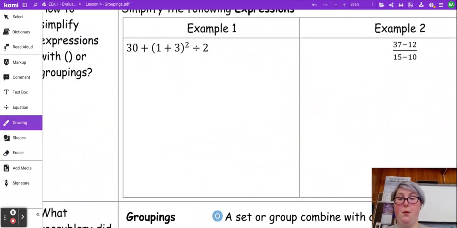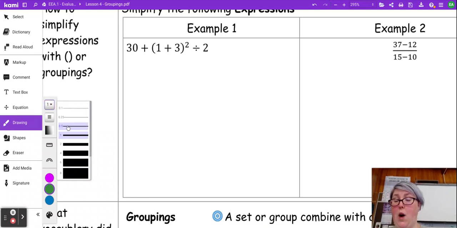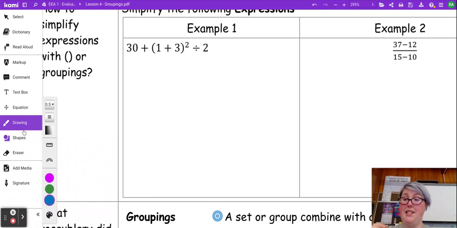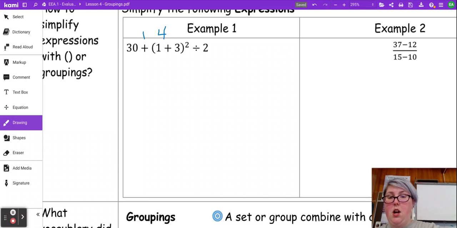So we have example 1: 30 plus parentheses 1 plus 3 squared divided by 2. There's a lot going on. This is why, folks, I've been saying write your level, because now we have so many things happening. We know addition is a level 1, our parentheses are a level 4, our exponent is a level 3, our addition is a level 1, and division is a level 2.